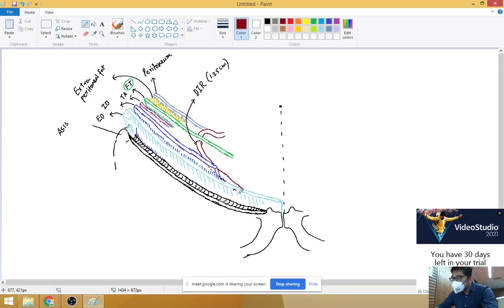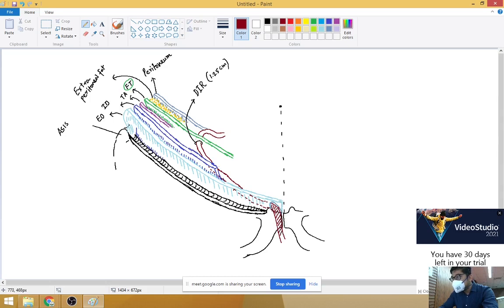Again, I'll draw some dotted lines since it is posterior to the, what is this muscle? External oblique. So it will come and it will escape like that. Okay, from where it will escape?